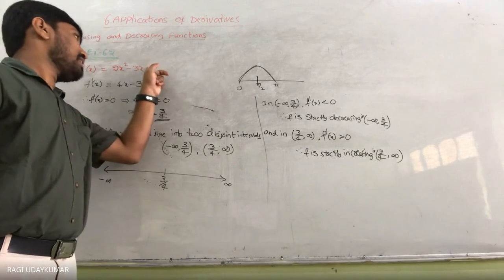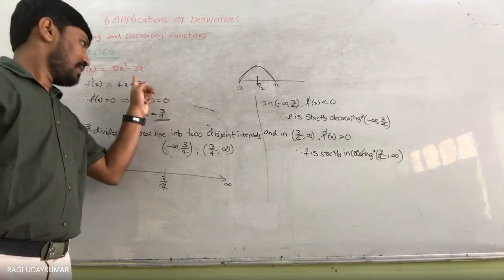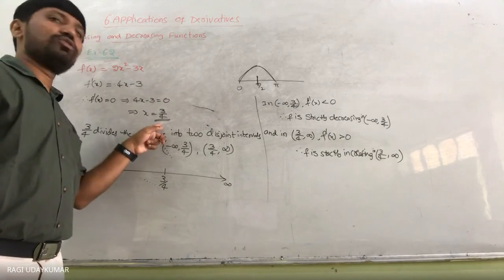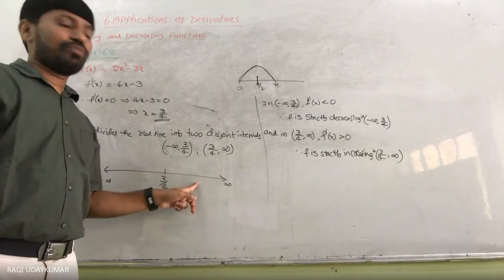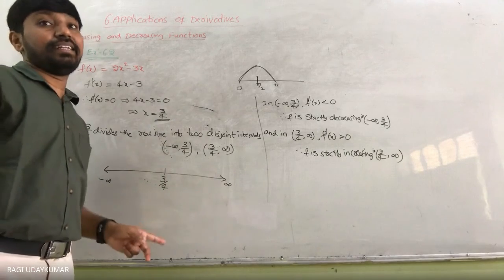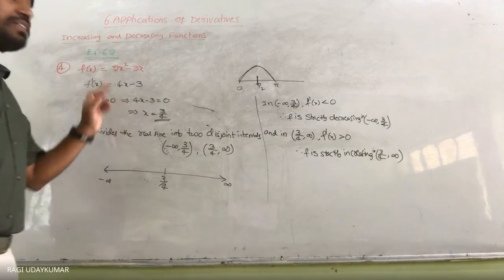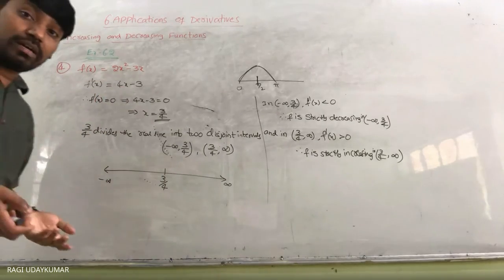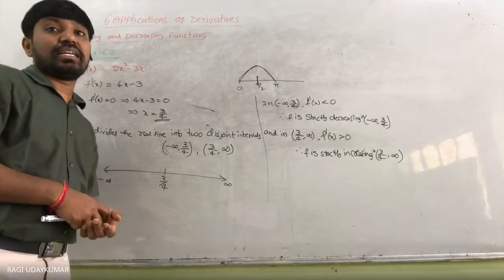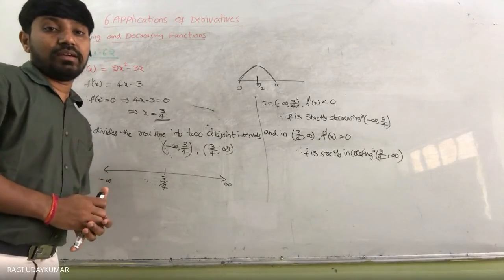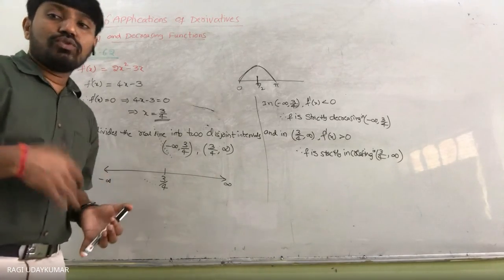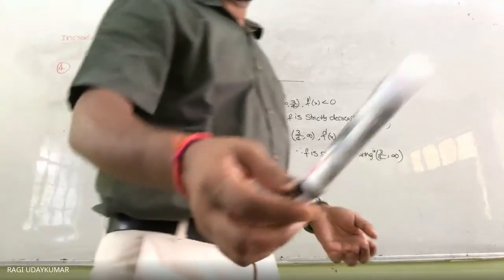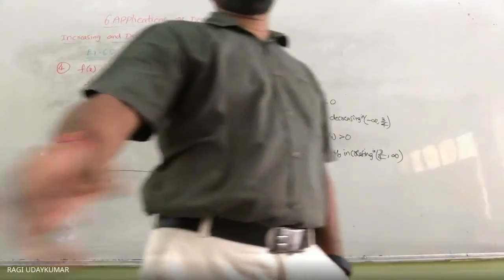If it is given as cubic, f dash of x will be quadratic, and a quadratic gives 2 points, so 3 different intervals. Substituting and checking in a quadratic is a very lengthy process. In that situation we use the wavy curve method, which I am going to explain to you in the next class. Okay.